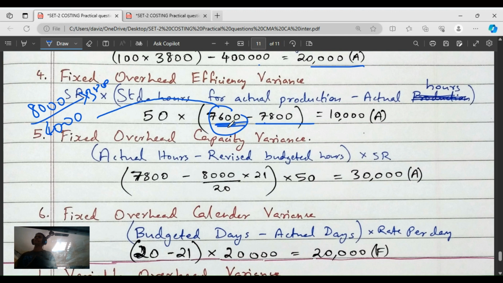So we got 7,600. The difference multiplied by 50, we got 10,000, which is adverse.